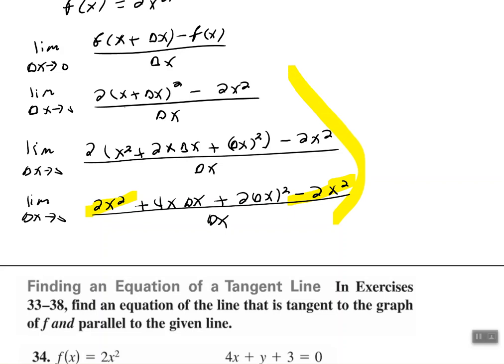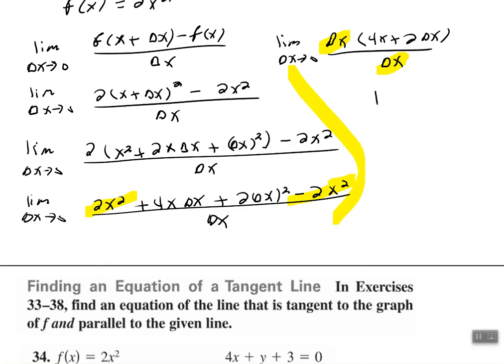Let's go back up here. So I can factor out a delta x, which will leave me with 4x plus 2 delta x all over delta x, which allows me now to cancel out a delta x from the denominator, which is great. So now I can substitute in.